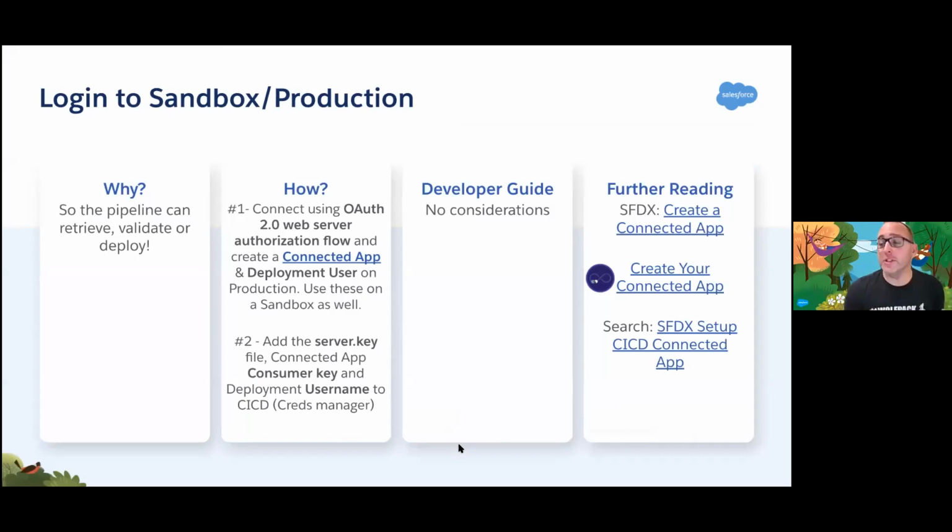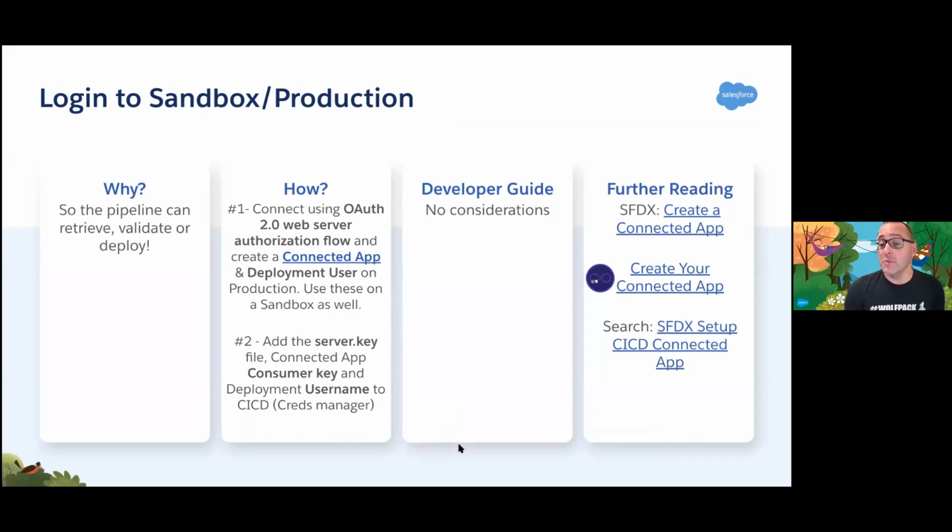Excellent. So once we've installed our libraries, including the Sfdx command line interface, what are we going to do next in the pipeline? We're going to log into sandbox or production. Okay, so how? We're going to use the OAuth 2 web server authorization flow through a connected app.